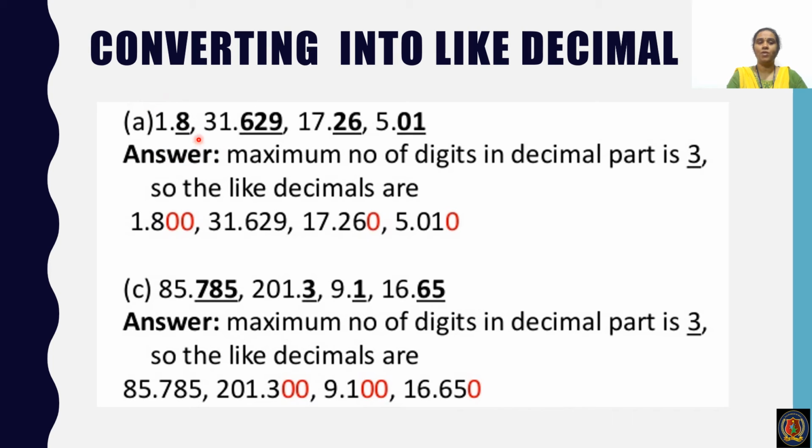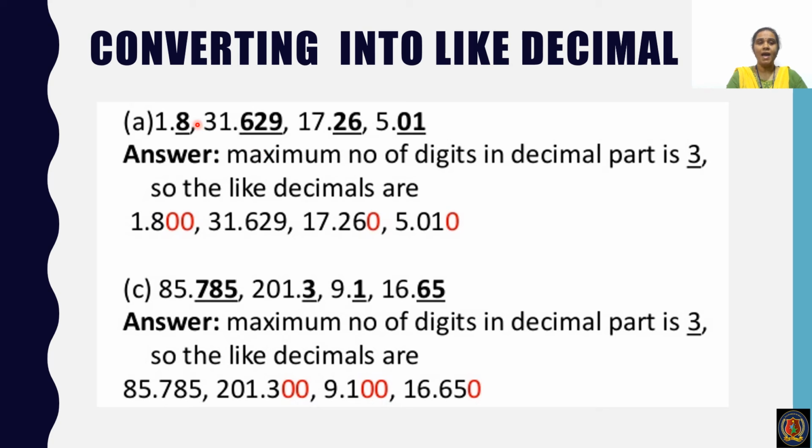For the first number you have only one place, the second number you have three places, and the third number 17.26 you have only two decimal places, and 5.01 is also having two decimal places. As we saw in equivalent decimals, adding 0 at the end of the decimal number will not make any change in the value of the number. So let us see what is the maximum number of decimal places. 3 is the maximum number of decimal places.